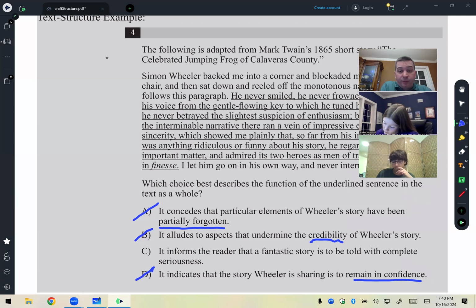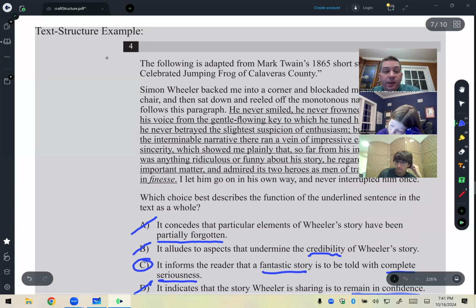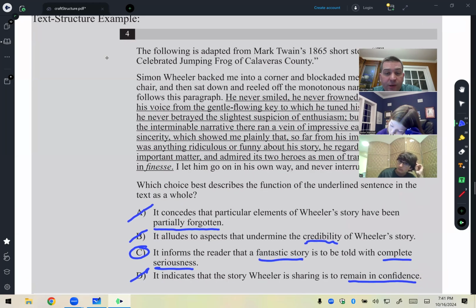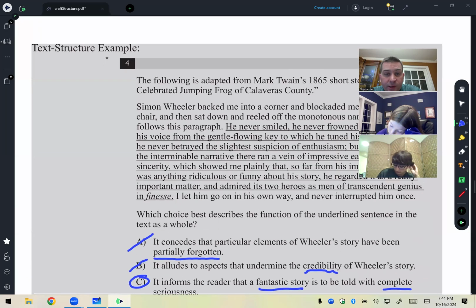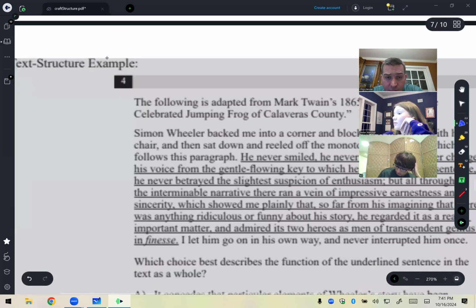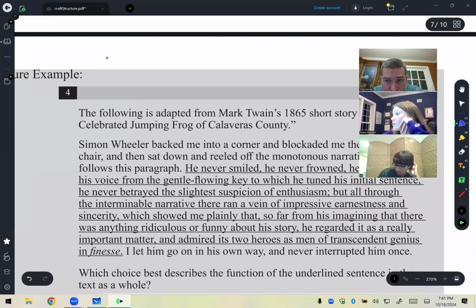Are we, the readers, presented with something that indicates that a fantastic story will follow that is told with complete seriousness? Yes, and I see both parts here. I see the fantastic part and I see the seriousness. So I'm just going to go back to our little underlined portion.